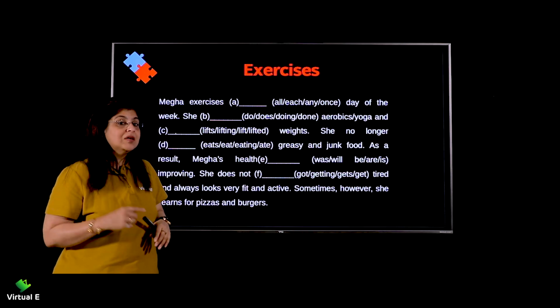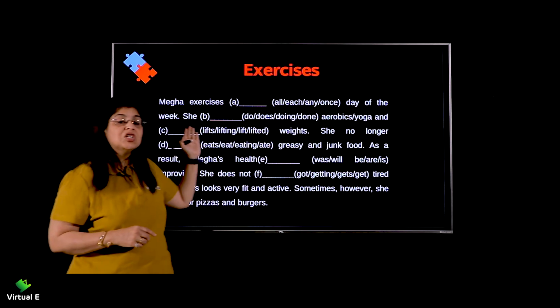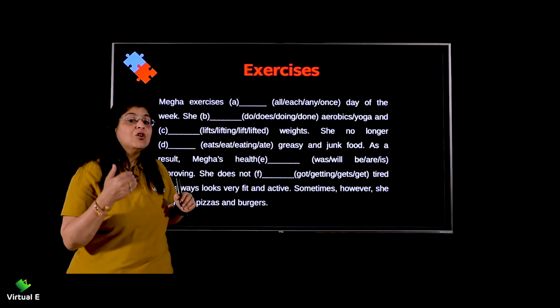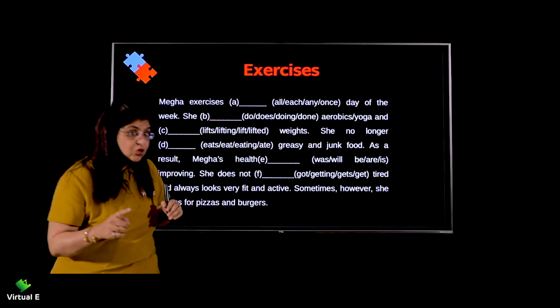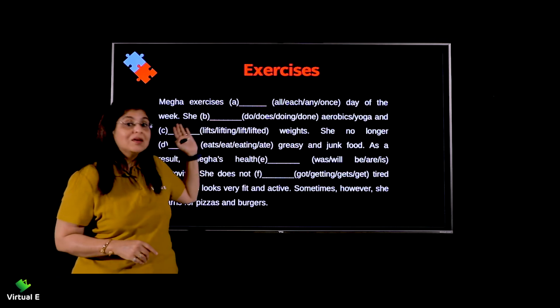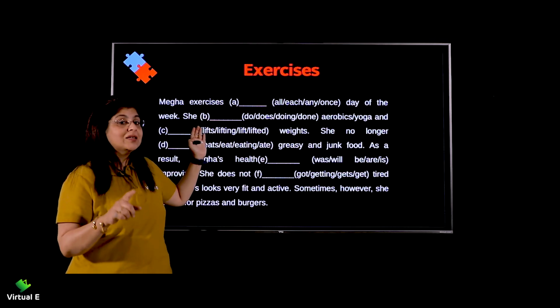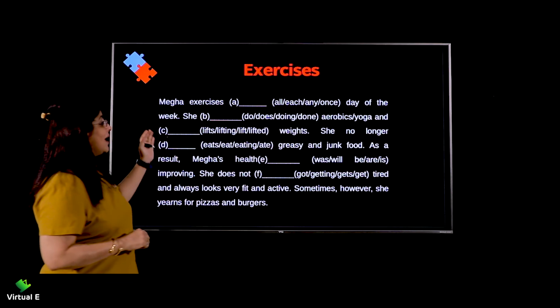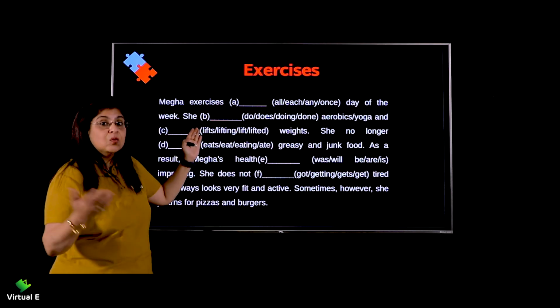Remember subject verb agreement. Third person with she, it will be does. I do, you do, he or she does. Please remember this subject verb agreement. This is where you generally get stuck and lose your marks. So she does aerobics or yoga and lifts weights.